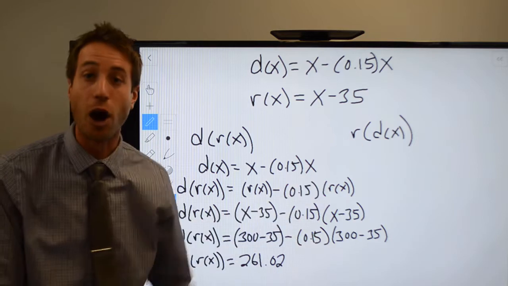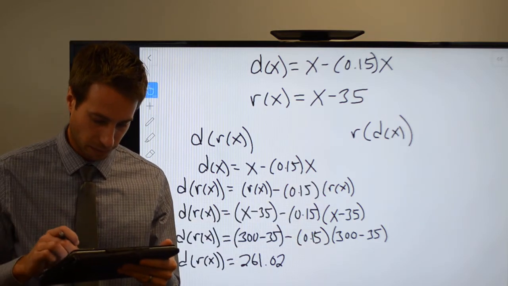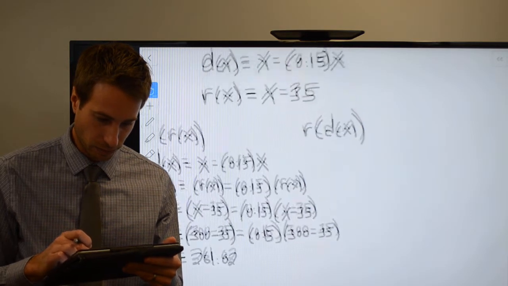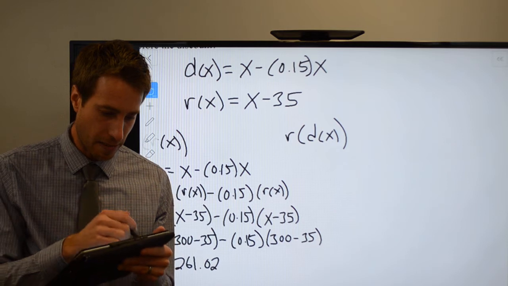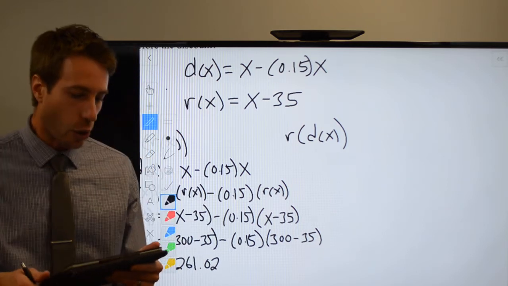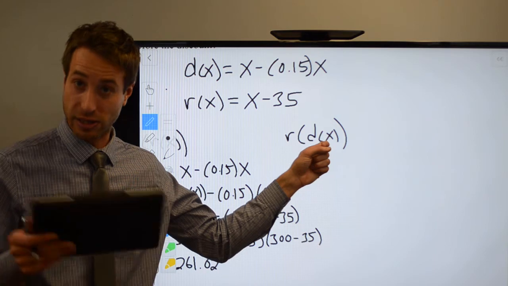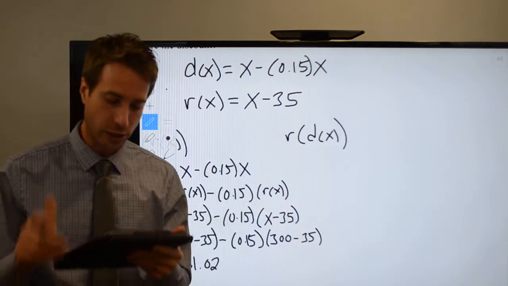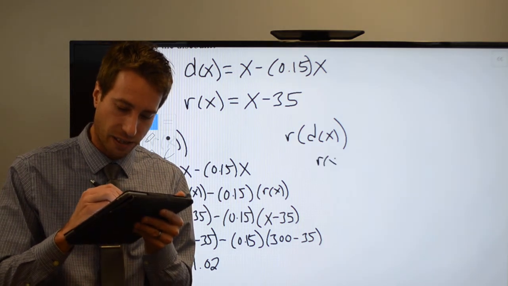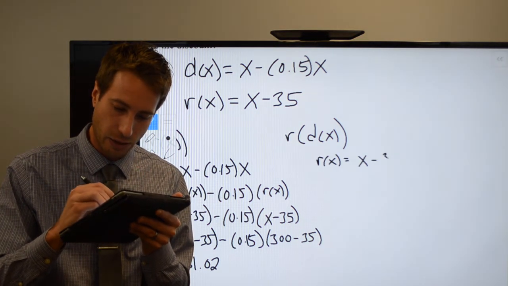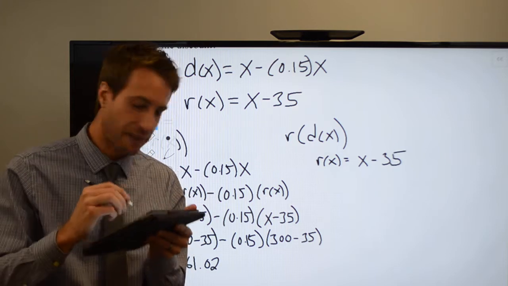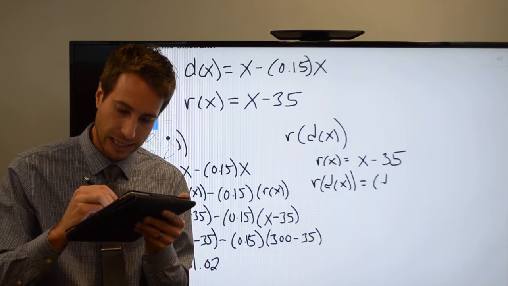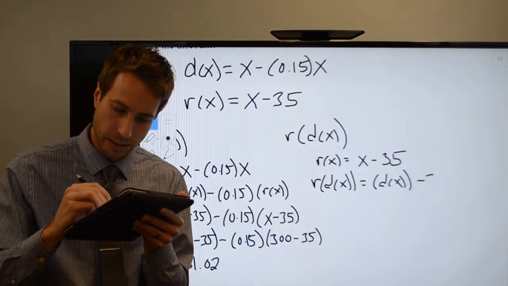Okay, my other option, making sure I can still see my equations, is to do the discount, take the 15% off, and then apply the rebate. Here's the way that works. I need r of x first, which is x minus 35, and then I'm going to plug d of x into that. So r of d of x means d of x minus 35.